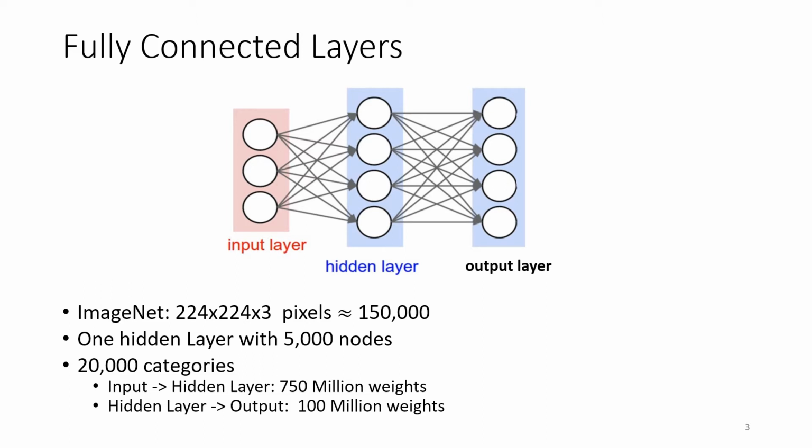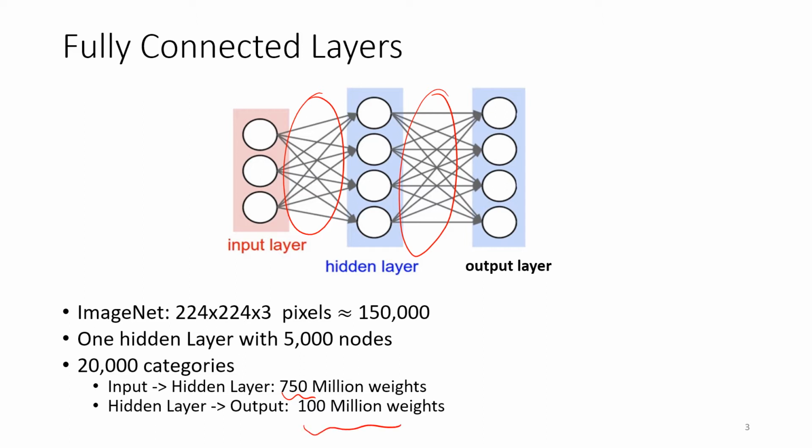So a simple calculation shows that the first layer needs around 750 million weights, and the last layer has 100 million weights.